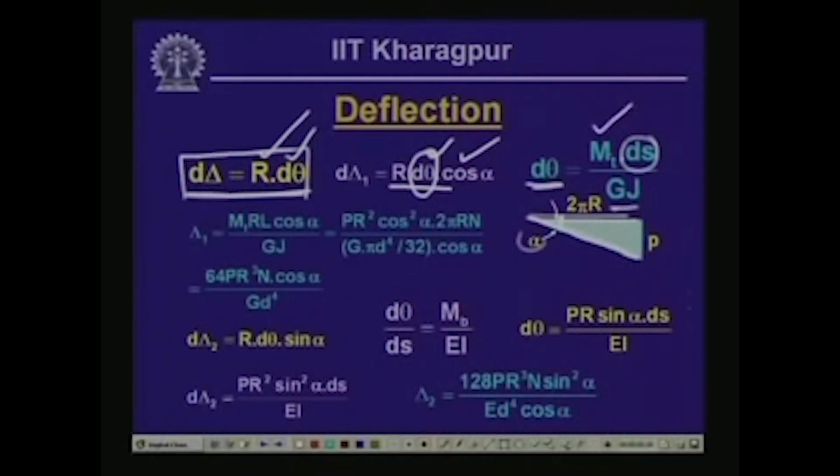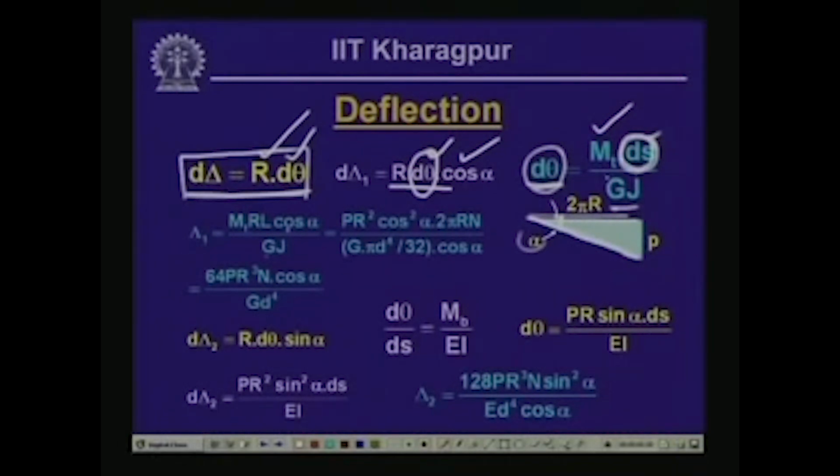Mt is the twisting moment which we have seen as PR cos alpha. If we substitute for d theta as Mt ds by GJ, then we have Mt r by GJ times cos alpha. Here this rotation d theta is for a small length ds.